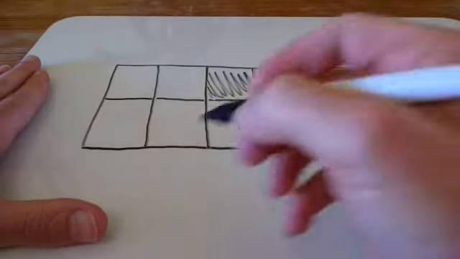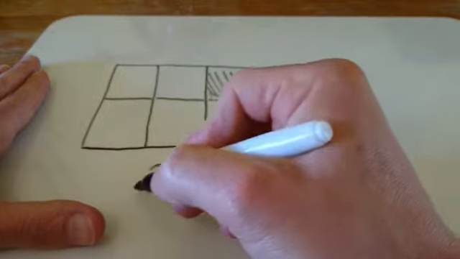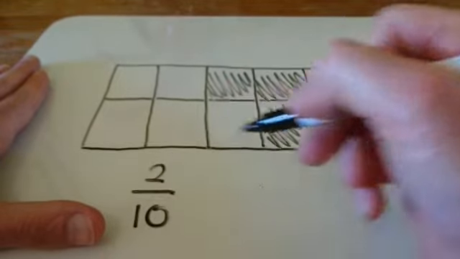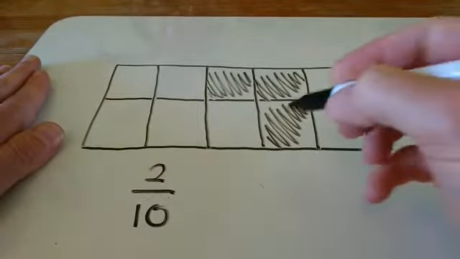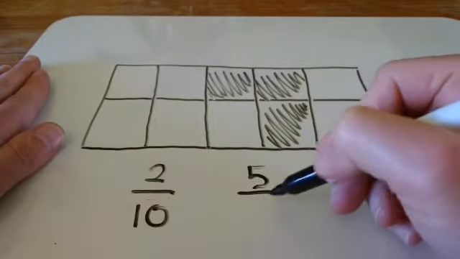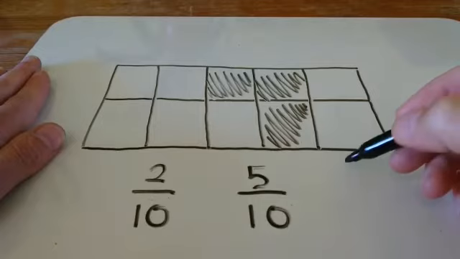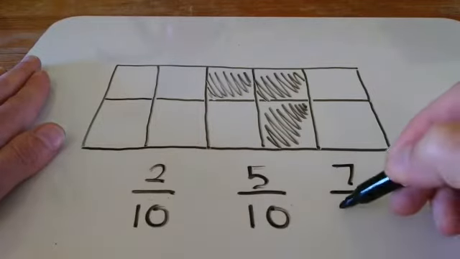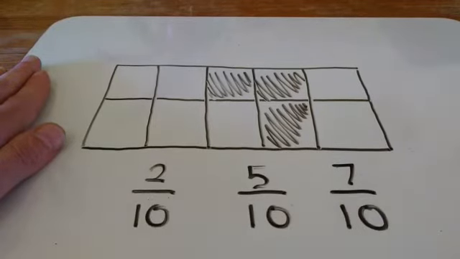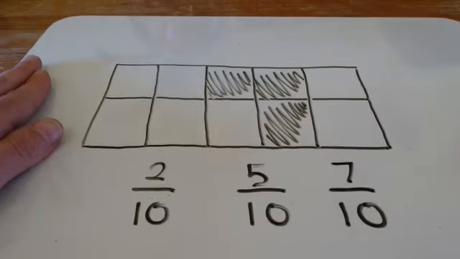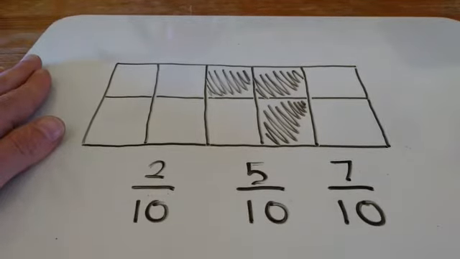Would I need to colour in 2 tenths? Would I need to colour in 5 tenths? Or would I need to colour in 7 tenths? Have a little think, see if you can work it out. How many more do I need to colour in to make a whole?